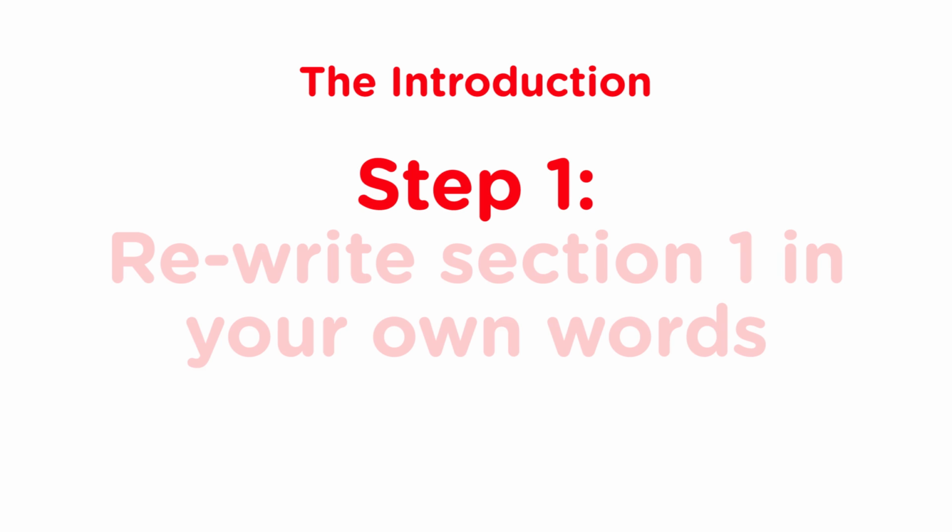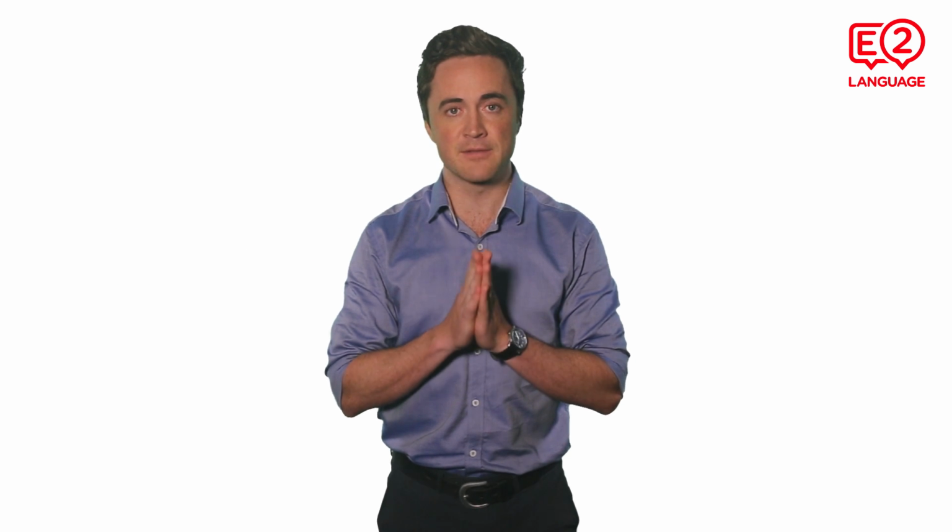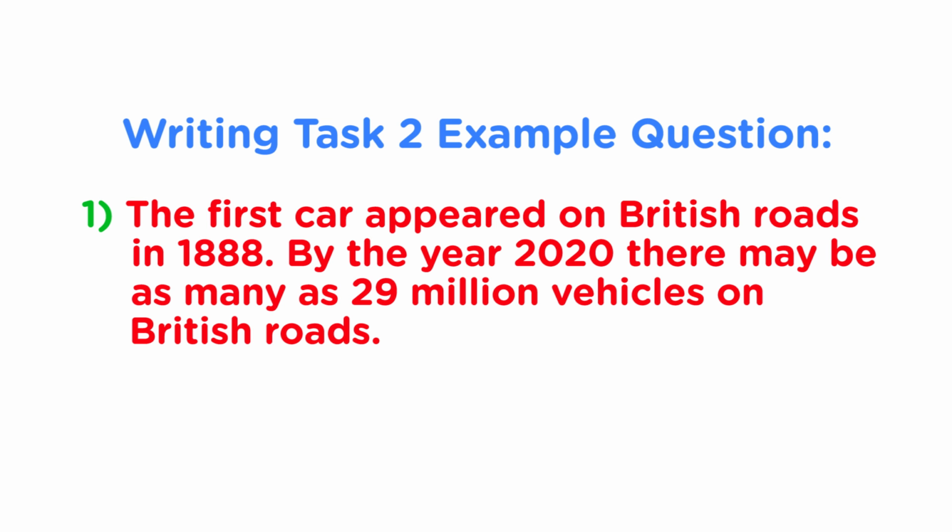Let's look at step 1. Step 1, rewrite section 1 in your own words. Let's look at section 1 again because we need to rewrite it in our own words. It says, the first car appeared on British roads in 1888.